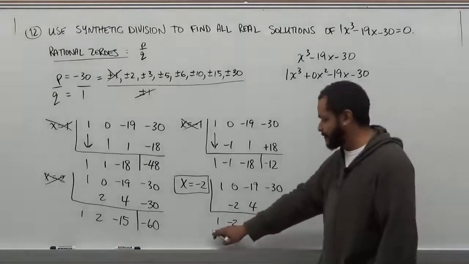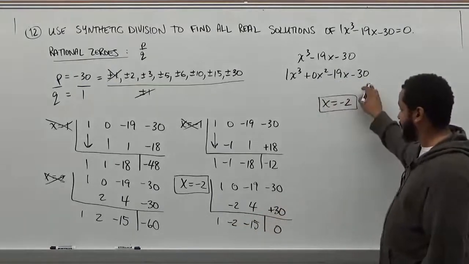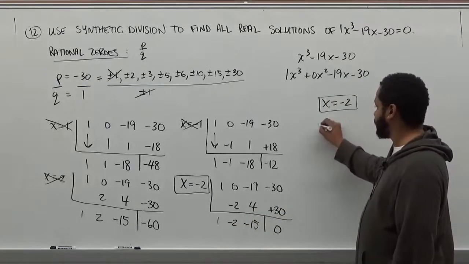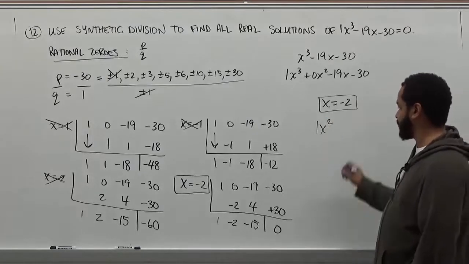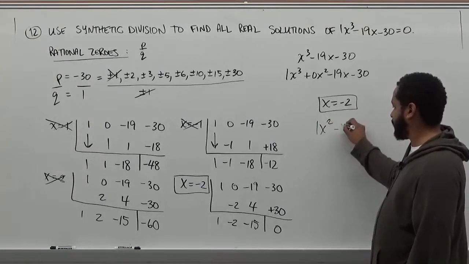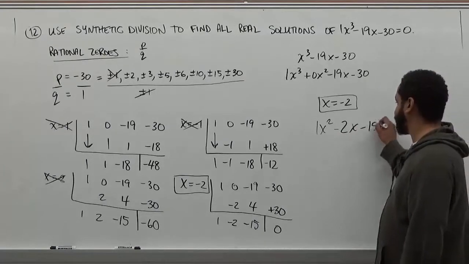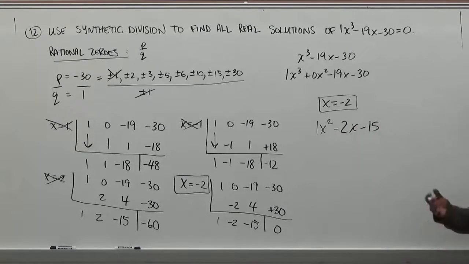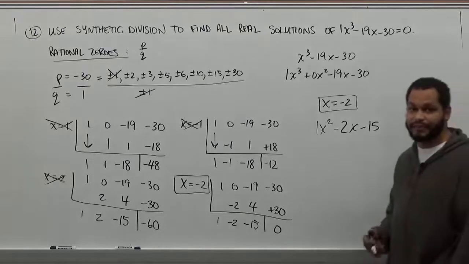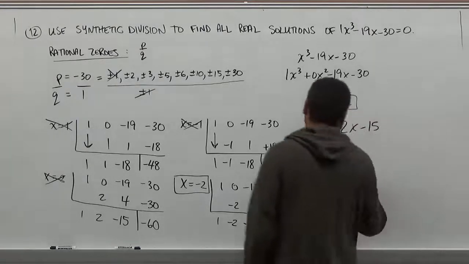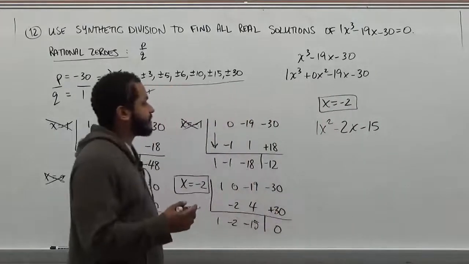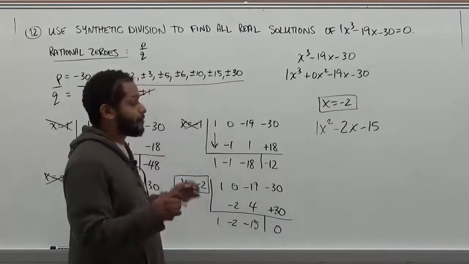So our coefficients for the last 3 terms we see here are now going to be x squared with a 1 in front. That's the coefficient. The next term is an x term, and we have a negative 2 in front of it. And the last term is the constant, which is negative 15. And we could continue using synthetic division to solve this. But this doesn't look so hard, right? At this point, we could continue doing synthetic and use the same rule we did, or we could just factor.